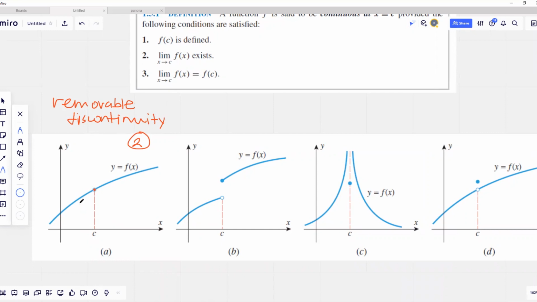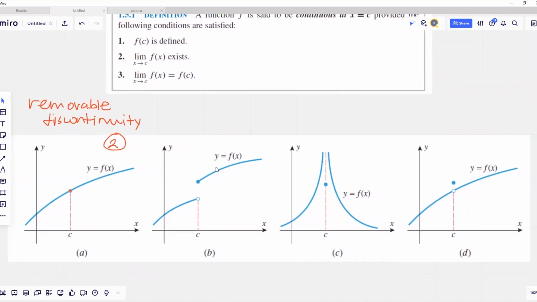Since the two-sided limit here exists, even though it's not equal to the value of the function at that point, since the value of the function at that point is not defined, even though this function is not continuous at point c, we call this type of discontinuity a removable discontinuity.